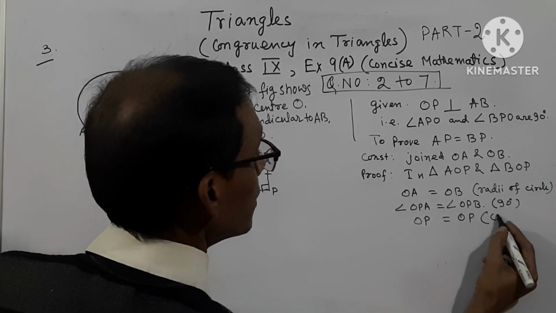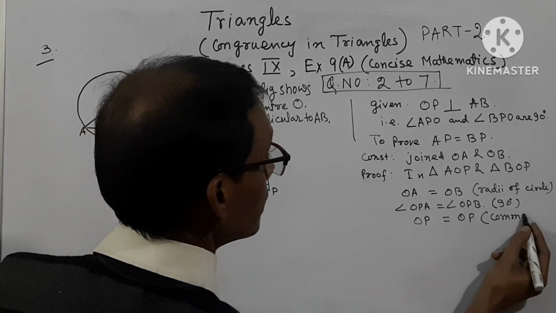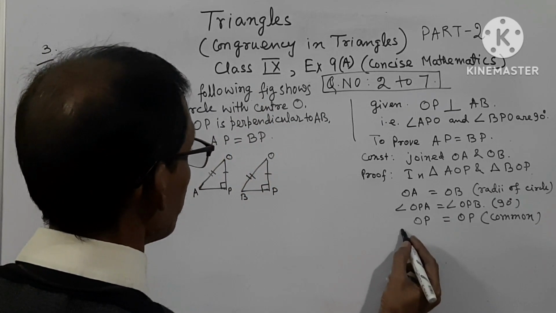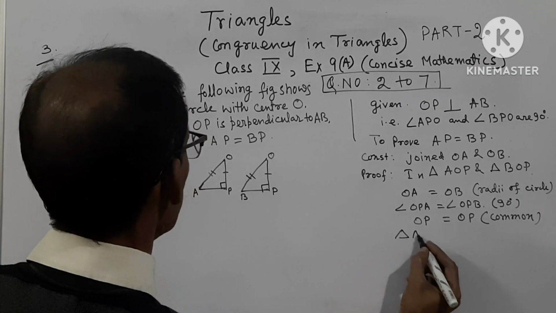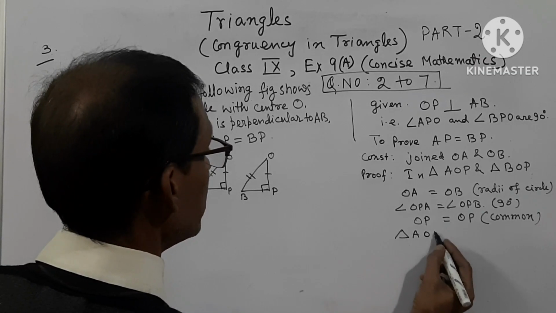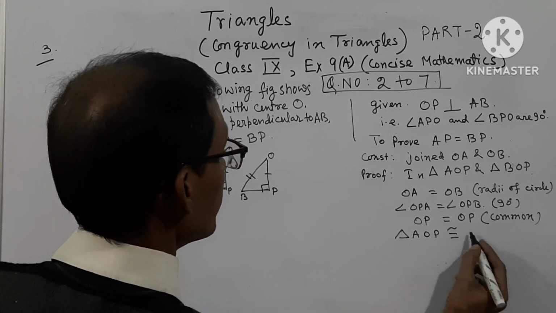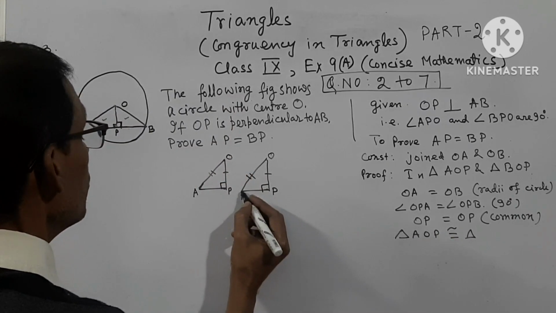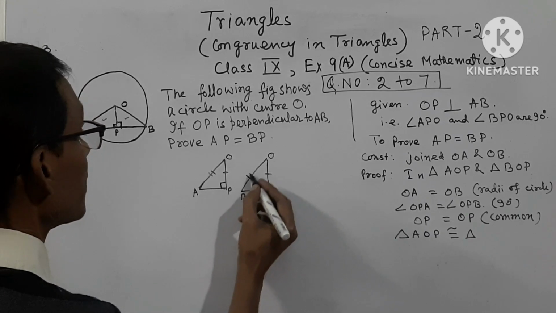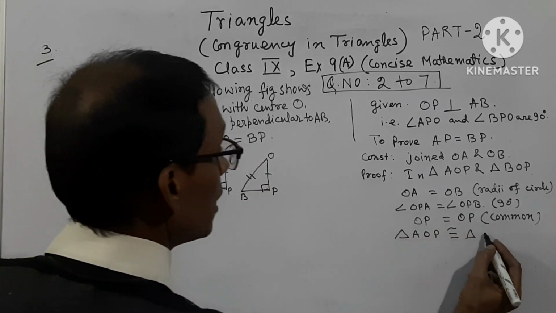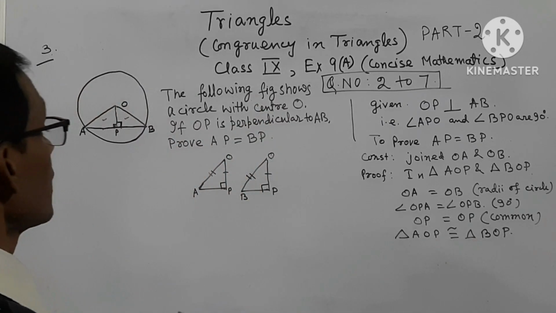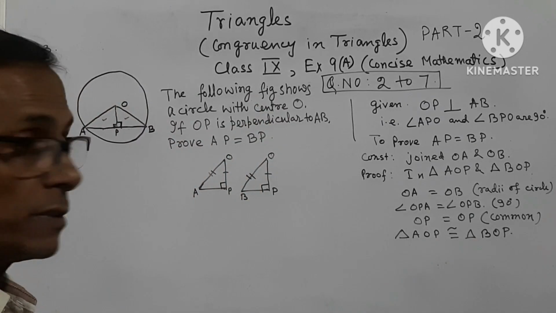You can say this is common side. Common. So we can say triangle AOP congruent triangle BOP. So you have to move your hands like this. Now we have to see the congruency criteria.